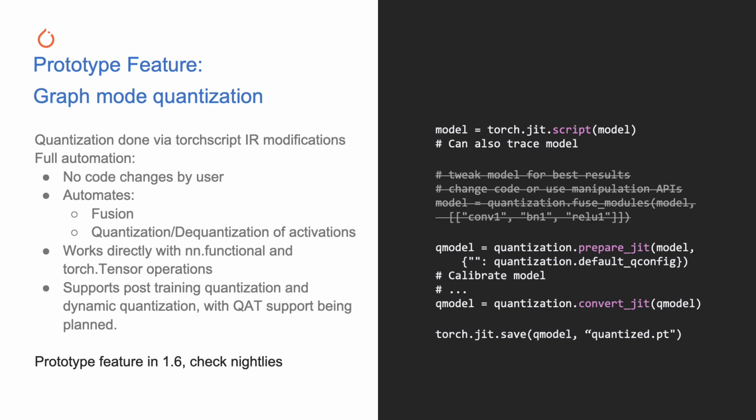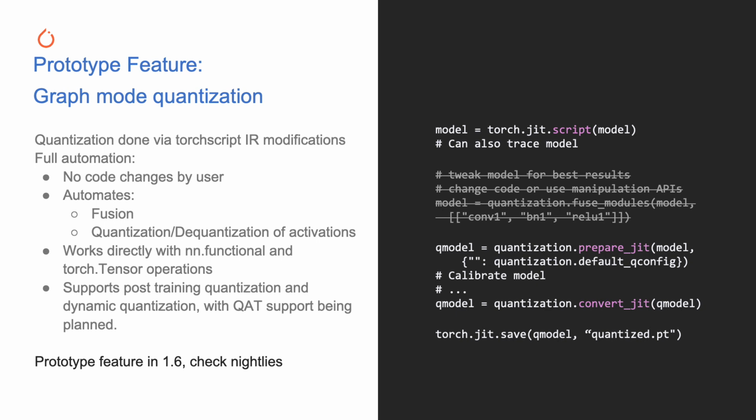Here, what you do is you script your model first. You can see the first row in these instructions is to take your model and run torch JIT script on it. You get a scripted model. What's happening underneath the covers is that we actually construct a graph for that model's execution.